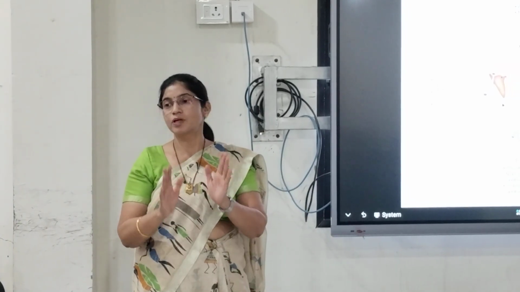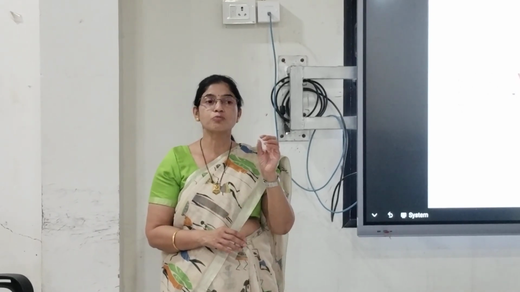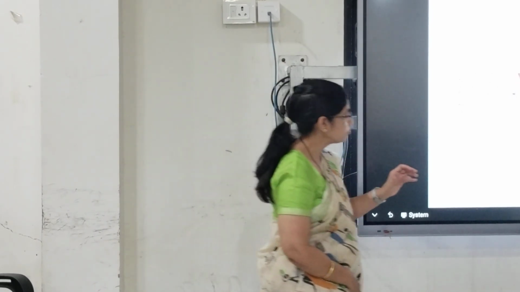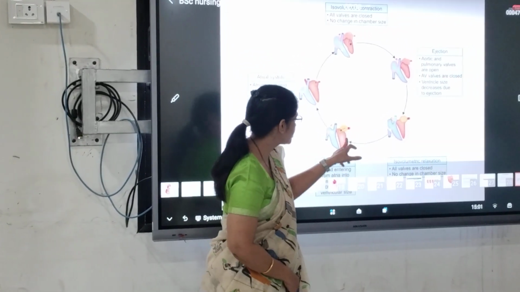Most of the blood will get accumulated from the atria to the ventricle, and a very small amount of blood is left. In the filling phase, you can compare the size of these ventricles.